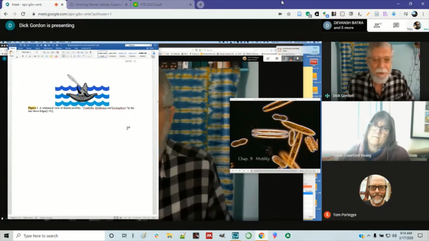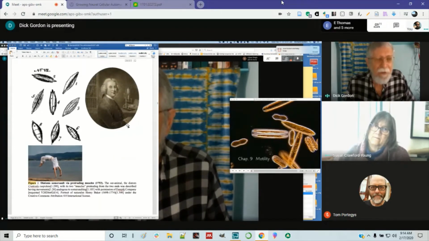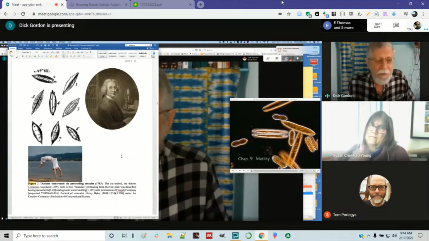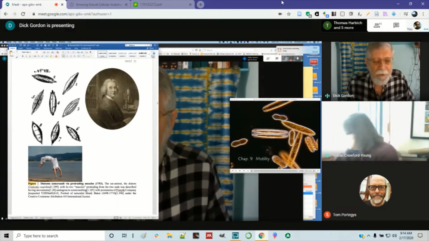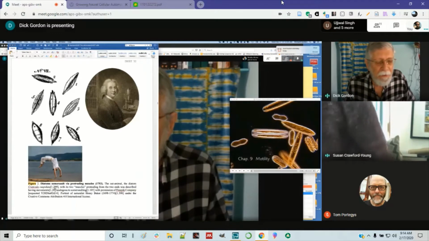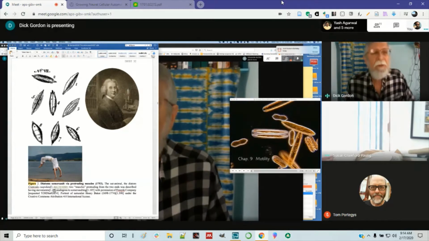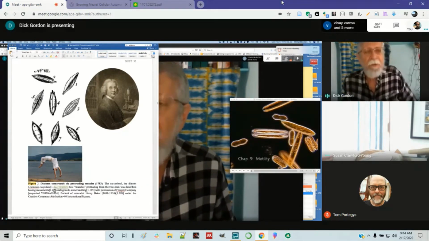First model was by this fellow, Henry Baker, and his work was 1753. So this is the first model from 1753.